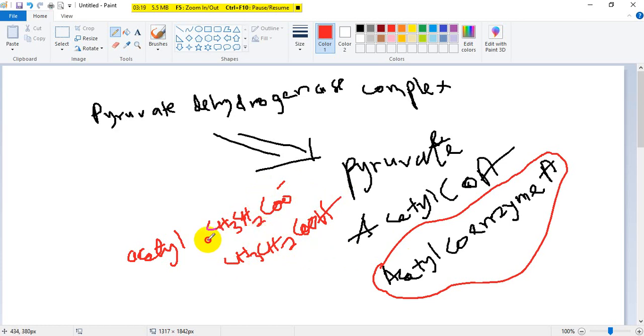So we are considering the acetyl group, CH3, CH2. So instead of having the acetyl group joined to 2 oxygens, making the acetate, we rather have what? Coenzyme A. That's CoA, acetyl CoA. So this is what we have.